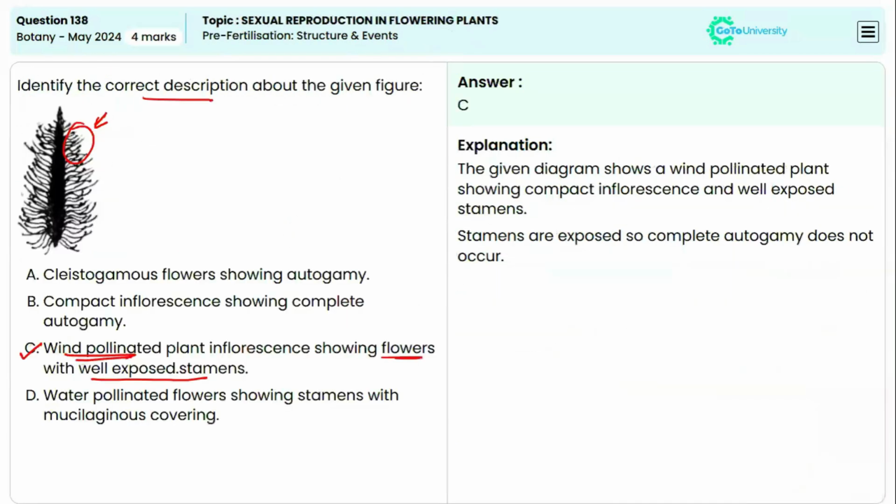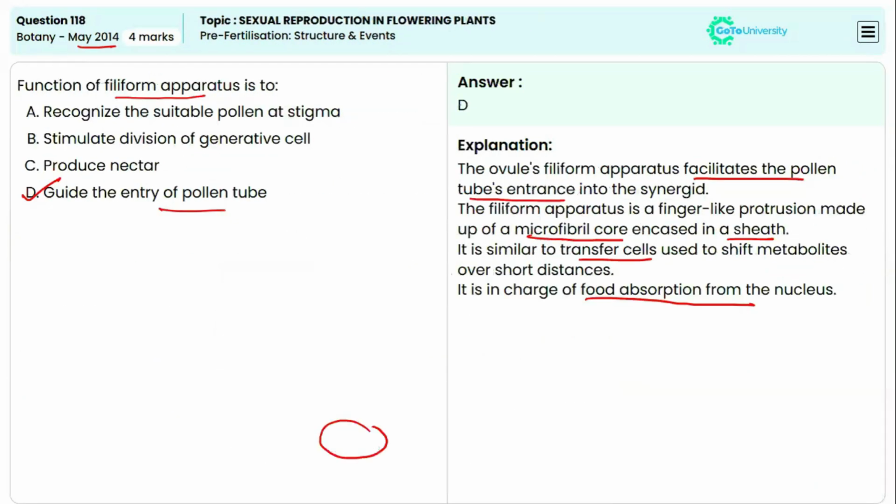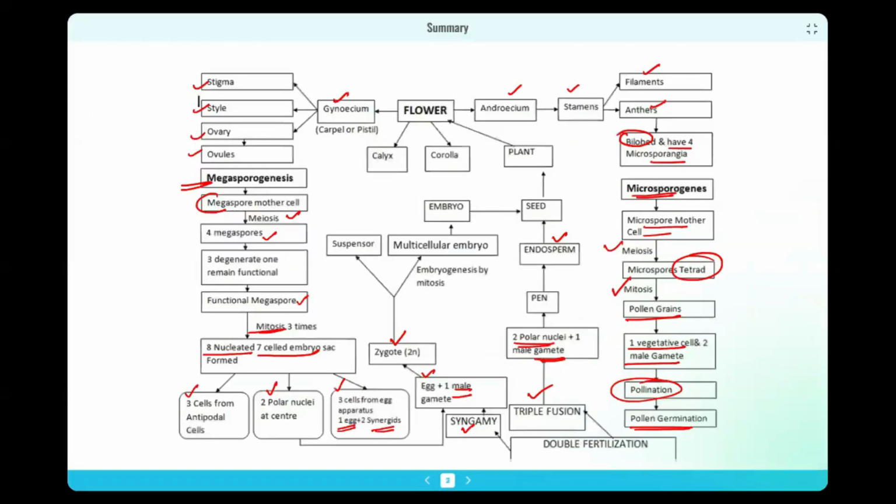Now let's get back to the revision part, or the summary part, of this chapter. This is a summary of this particular module. As I discussed, the reproductive organs of the plants are male and female, the androecium and the gynoecium.